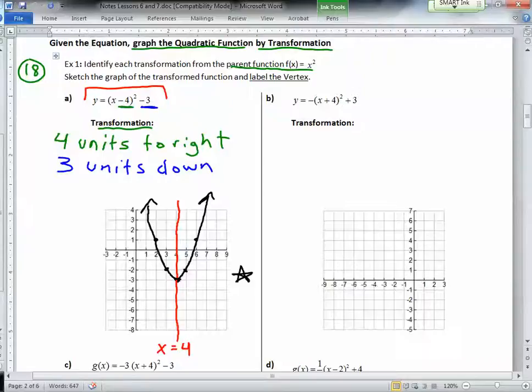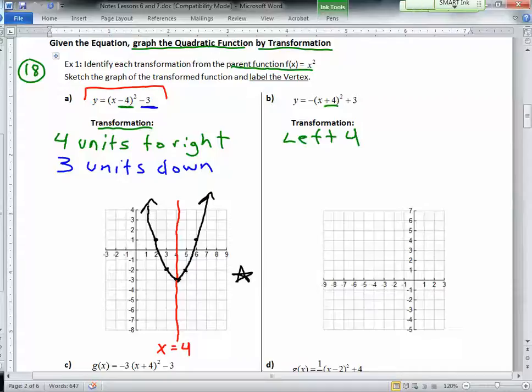Okay, great. So looking at this next one over here, I'm going to start with my shift of my vertex again. So let's start with our horizontal shift again. This time it's a +4. I know my horizontal shift is whatever is the opposite of what I expect. So since it's a +4, I'm going to shift it left 4.